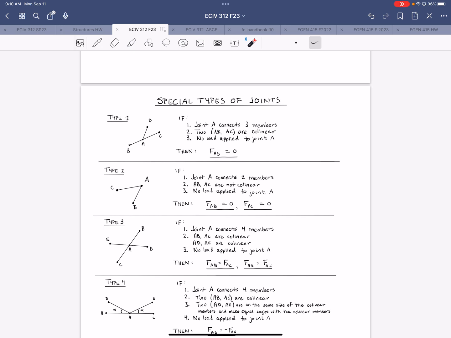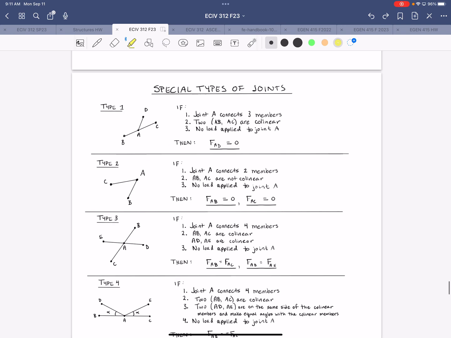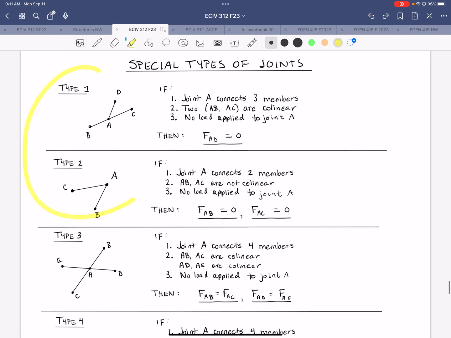It'll just come naturally to you. Probably the most useful ones out of this sheet are the first two, so this type 1 and type 2 joint. In the book, they call these the 3-member rule and the 2-member rule. So these are great for identifying zero force members.